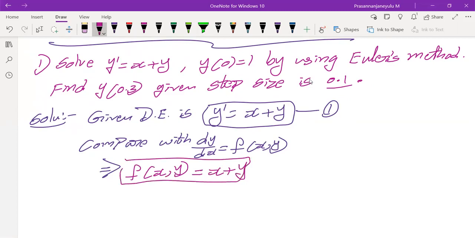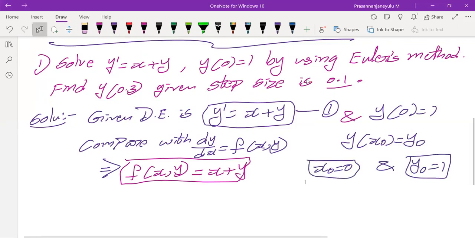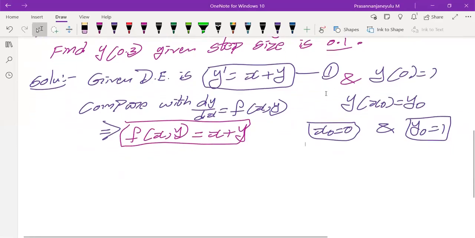Now we got the f of x comma y function, and also in the problem they gave the initial condition y of 0 equals 1. We have to compare this with y of x0 equals y0. With this, we can conclude x0 equals 0 and y0 equals 1. These are the values provided in the given problem. Now what do we need to find? y of x3, that is, y of 0.3.